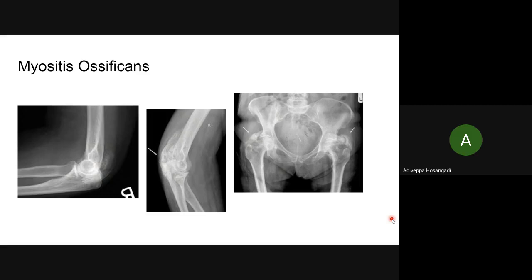But please remember, myositis ossificans without history of trauma also can be seen in neurological disorder, like a patient who is bedridden with a head injury, Guillain-Barré syndrome, where with prolonged bed rest there is ossification in soft tissues.